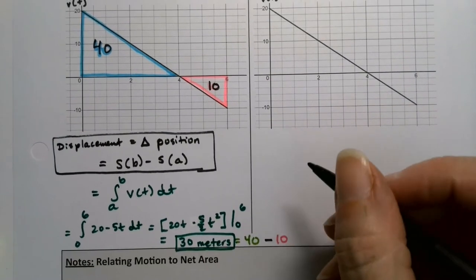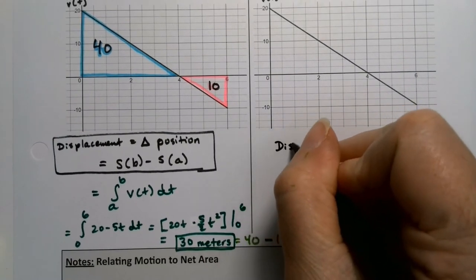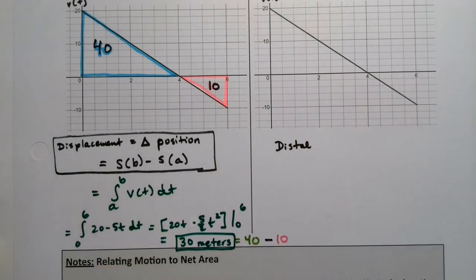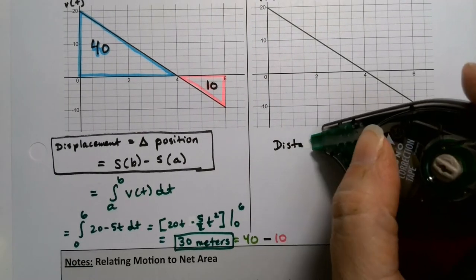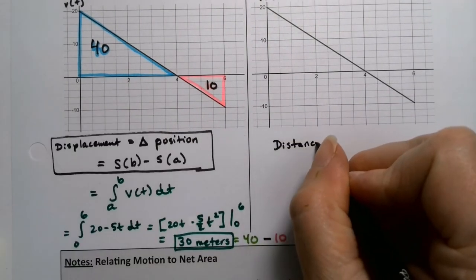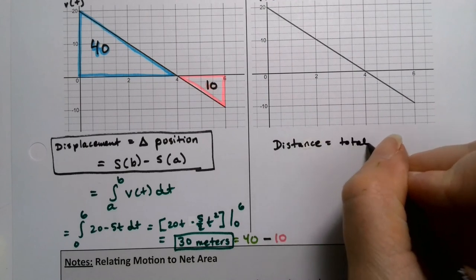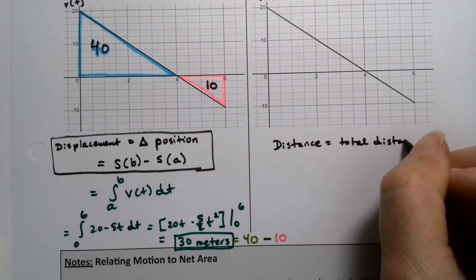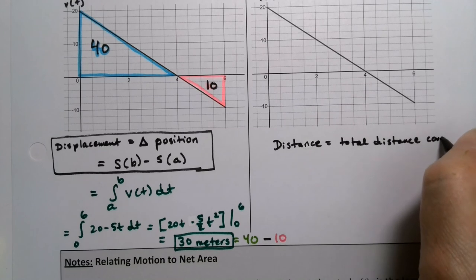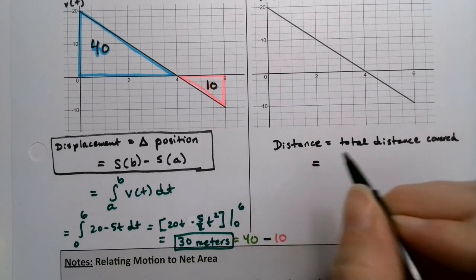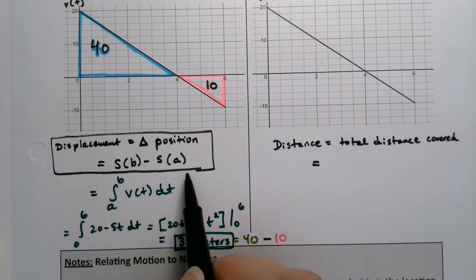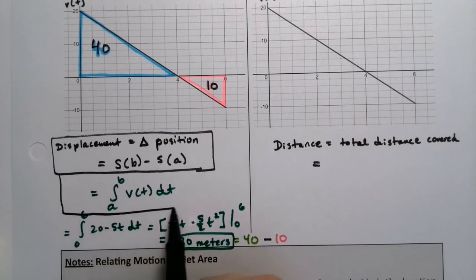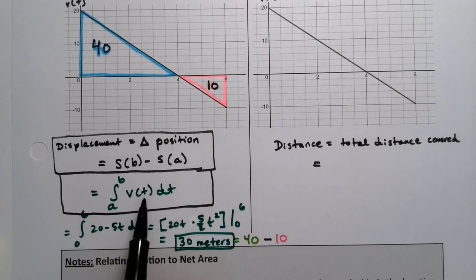What about distance? Distance is the total distance covered. Which is not the integral of velocity. Ooh, I should have put that in that box right here. Sorry. It's not the integral of velocity.